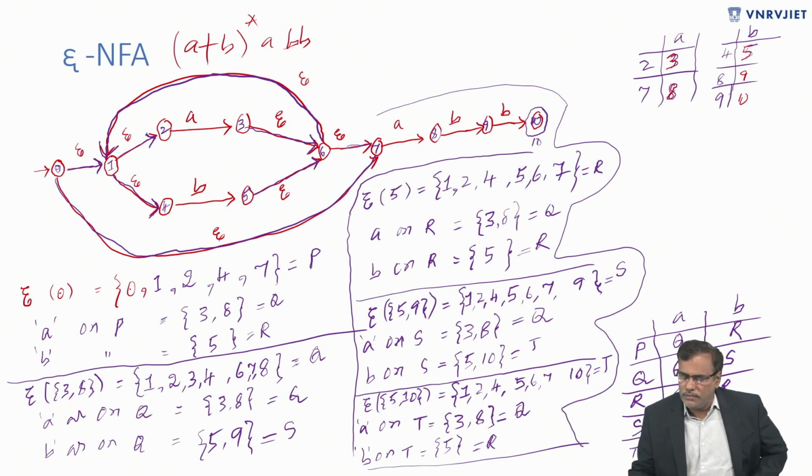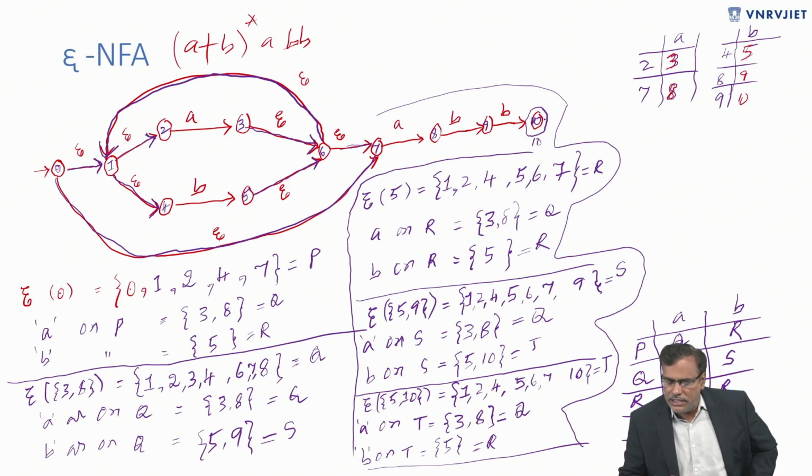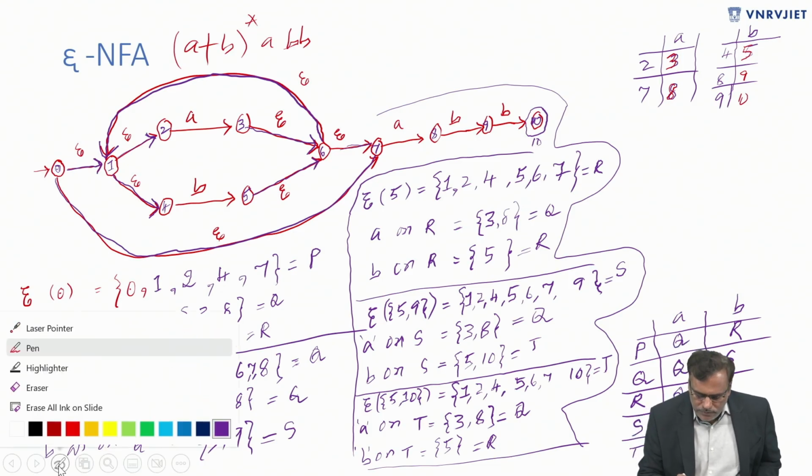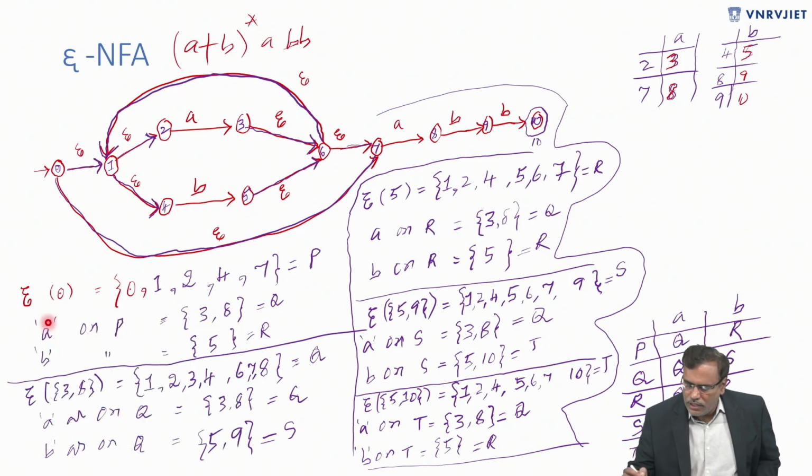You know this 10 is a final state, right? Of these five states, P, Q, R, S, T, the state which has this 10 will become a final state. Is there a 10 in P? No. In Q?